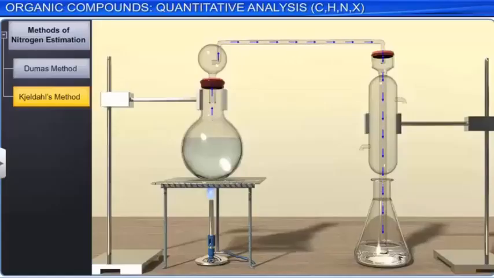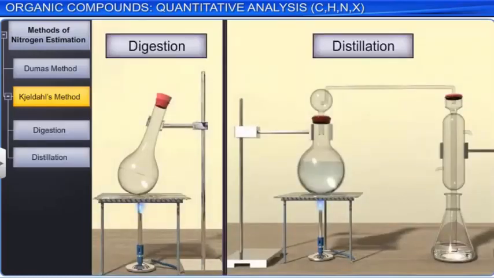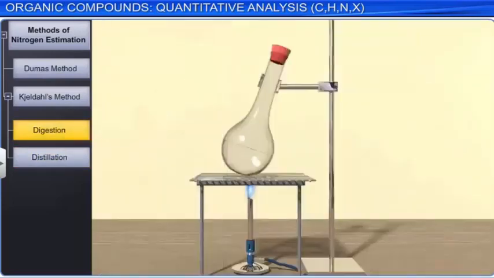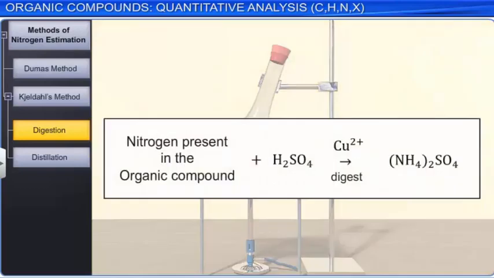Nitrogen is also estimated by another method known as Kjeldahl's method. The method can be divided into two major stages, namely digestion and distillation. During the digestion stage, the nitrogen present in the organic compound is converted into ammonium sulfate.